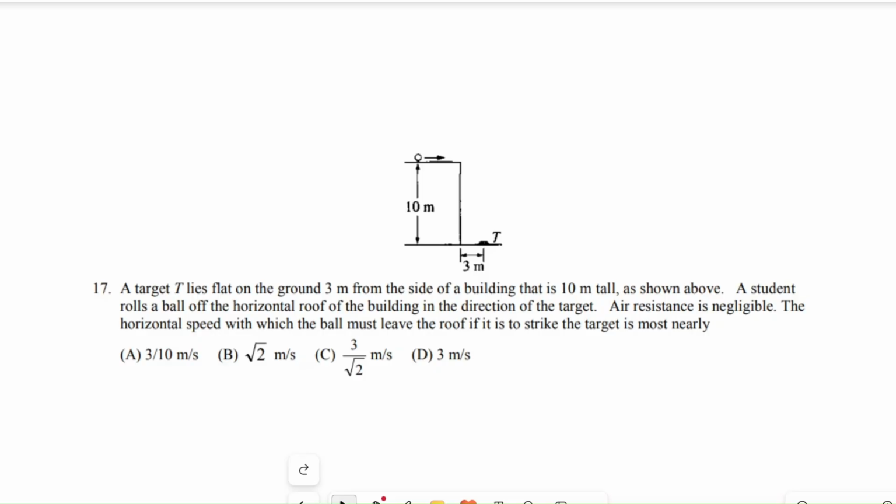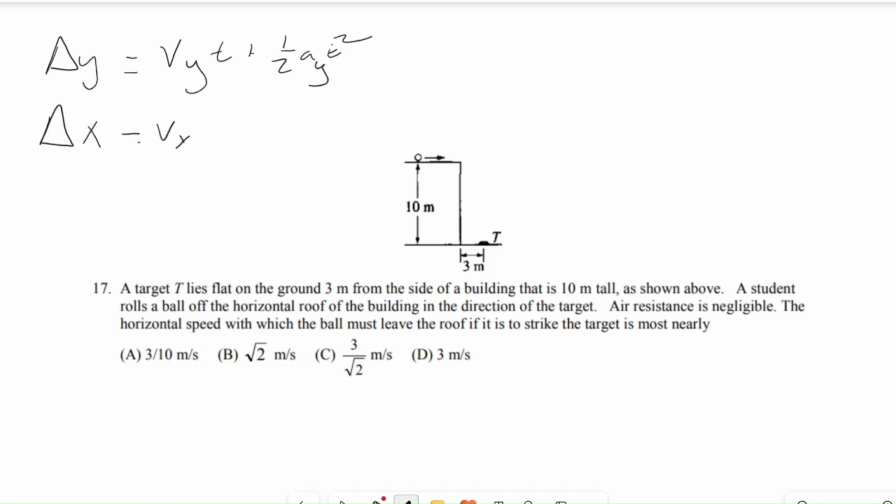In the y direction, delta y is equal to v in the y times t plus 1 over 2 a t squared. And we also have delta x is equal to v in the x times t plus 1 over 2 a in the x t squared.